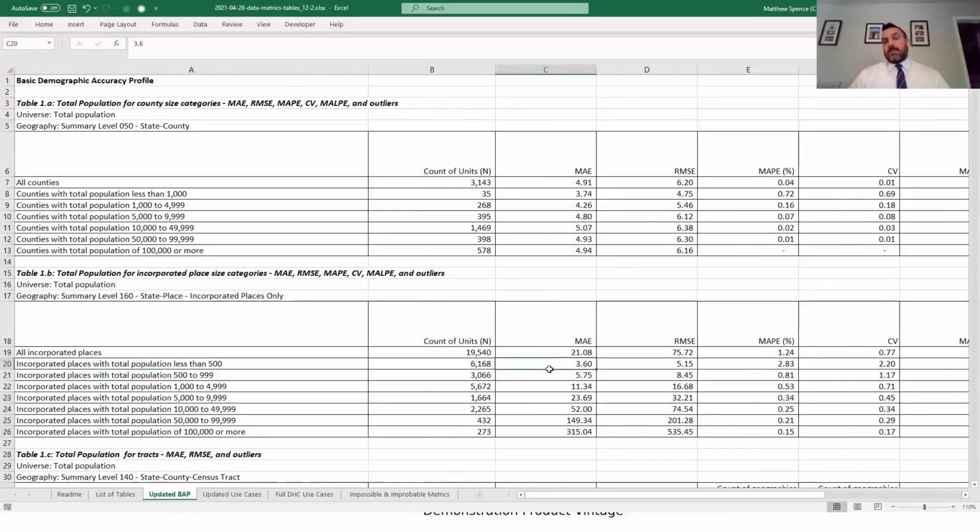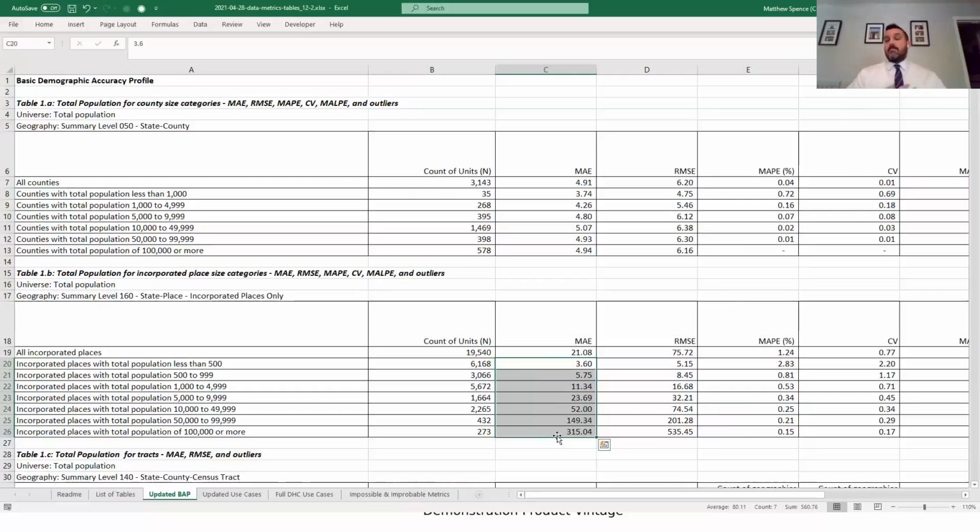One thing to note, as long as I'm talking about sizes, is that unlike with counties, you'll see that places do, as they go up in population, tend to have a larger mean absolute error. Don't be alarmed. This is absolutely how it happens for these off-spine geographies. Places frequently cross county lines or cross tract lines, and so they are not on the geographic spine.